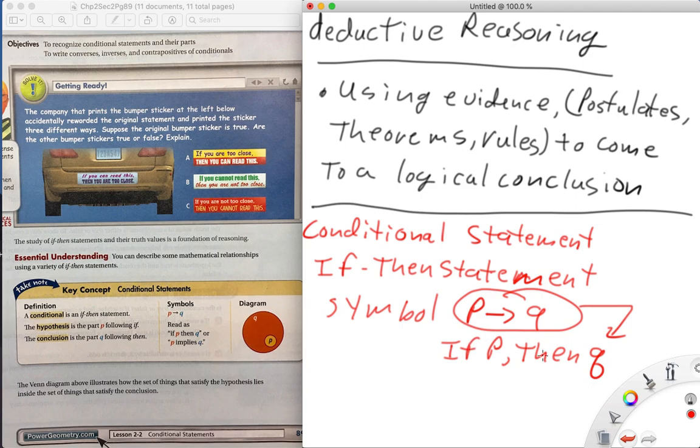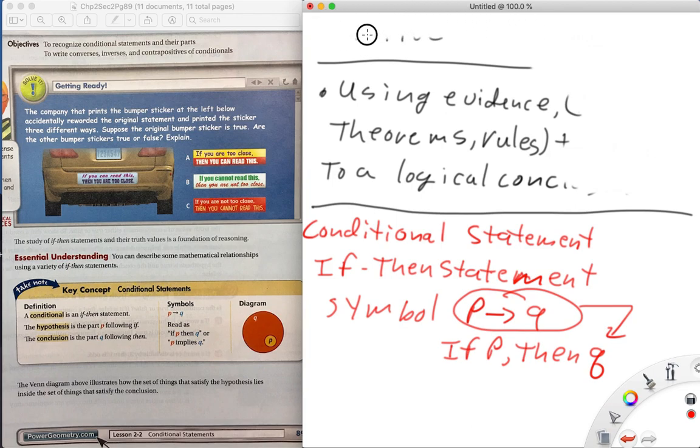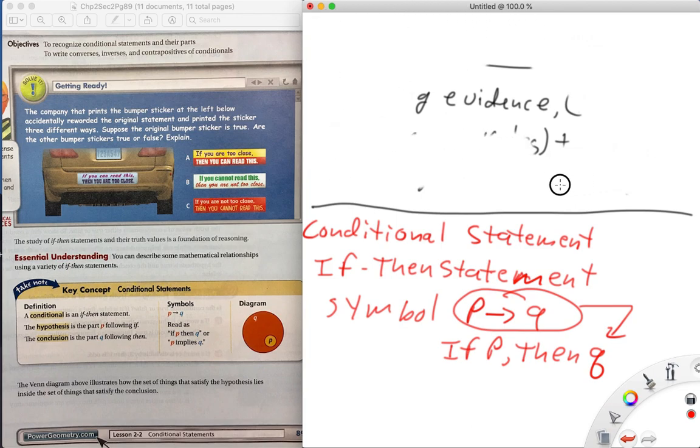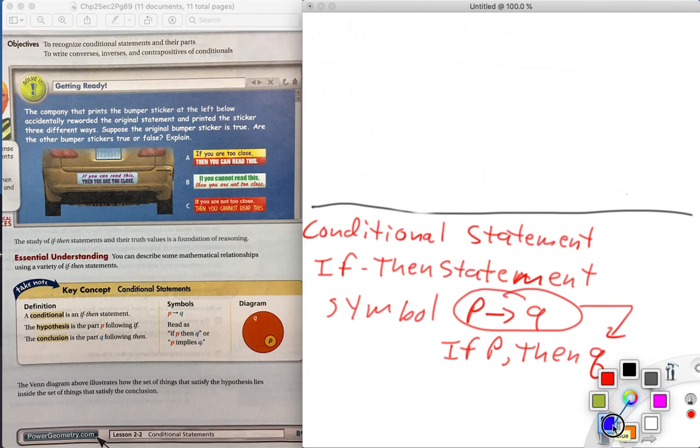So let's talk a little bit more about what the P means and what the Q means. When we talk about conditionals and P's and Q's and the little arrow, P means hypothesis.